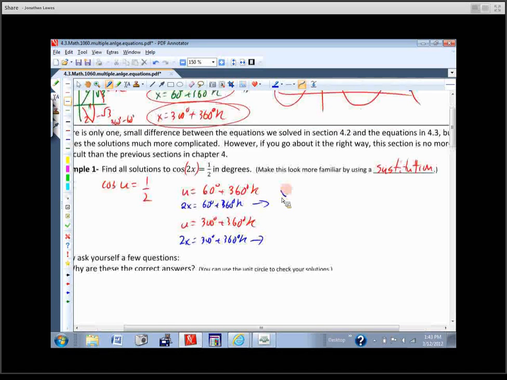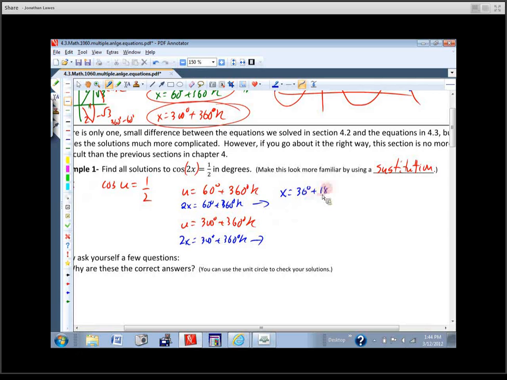So x is equal to 30 degrees plus 180k, and if I do the same thing here, 300 becomes 150, so 150 plus 180k. Those are all of the answers.